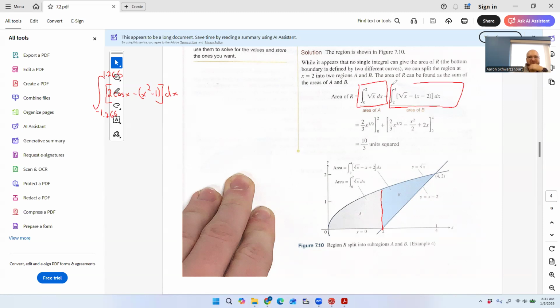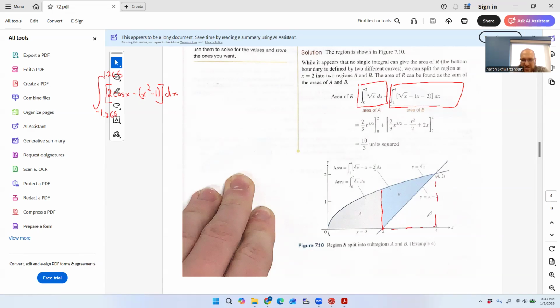The second part is this, because the square root of x is the upper curve. The lower curve is x minus 2. That just being a pretty simple line.